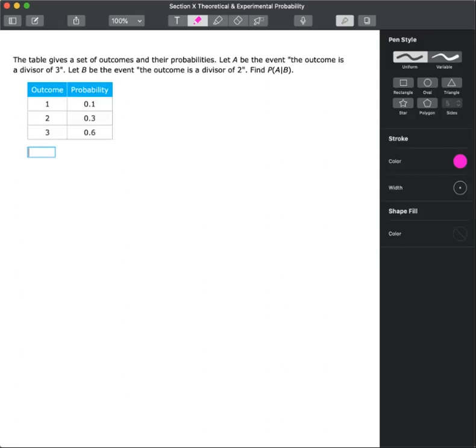All right, final problem we're looking at. The table gives a set of outcomes and the probabilities. Let A be the event, the outcome is a divisor of 3. So divisors of 3 are going to include 3 and 1. So for event A, it's going to be 1 and 3. Let B be the event, the outcome is a divisor of 2.